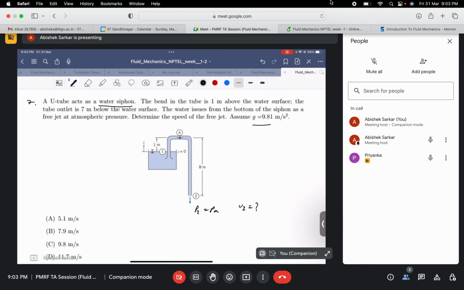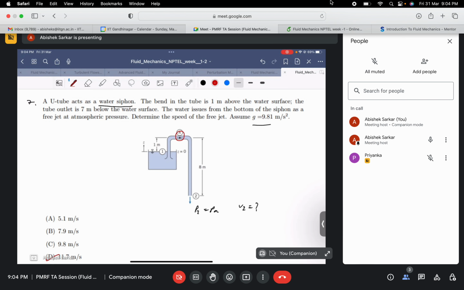So last option, 11.7. Yes, sir. Okay, I guess it is correct, but still, at what 2 points have you applied the Bernoulli's equation? 1 and 2. Okay, that only. Since if you had taken point A, you don't know the velocity, right? You don't know the pressure also.